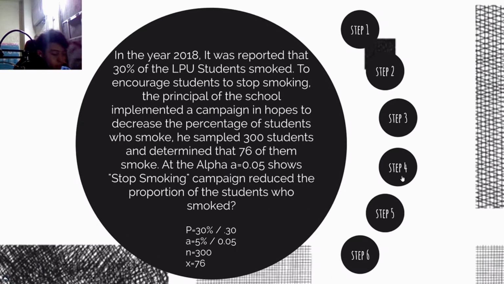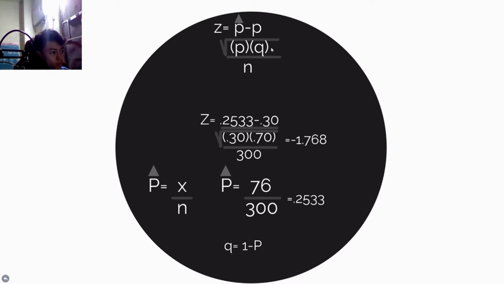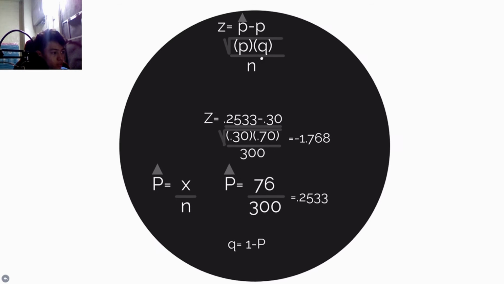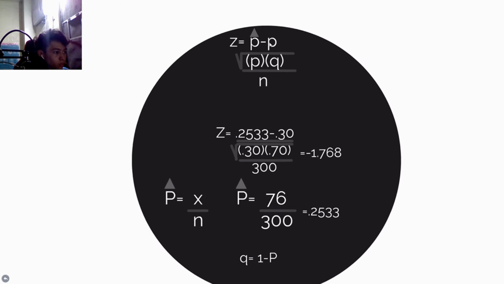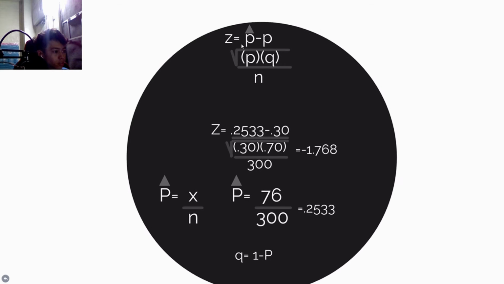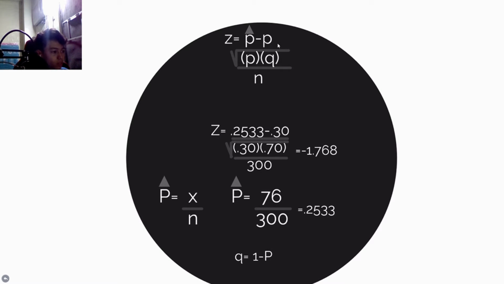Now in step 4, we are going to use all the formulas in the problem. So the formula is z is equal to p hat minus p over the square root of p times q over n. To get p hat, p hat is equal to x divided by n, and q is equal to 1 minus p.